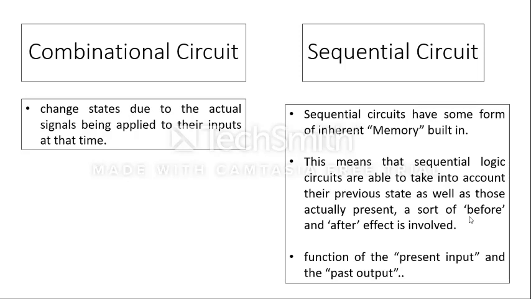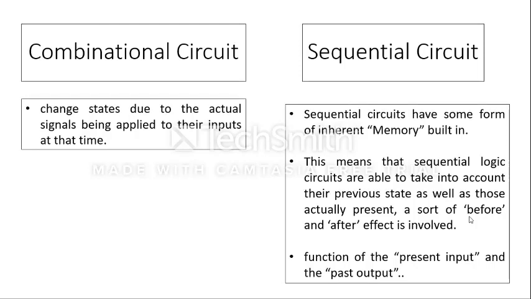Now if you are thinking about a sequential circuit, in a sequential circuit there is an inherent memory. That means sequential logic circuits are able to take input from their previous state also.